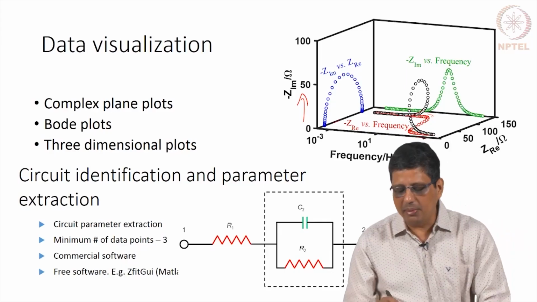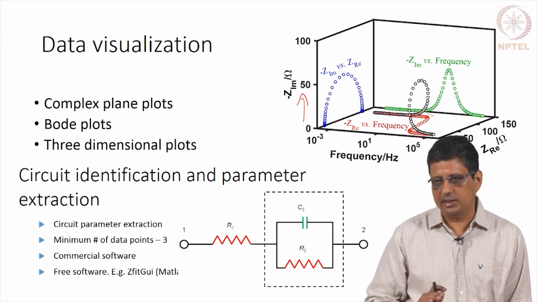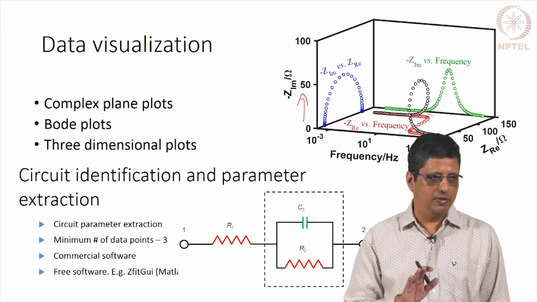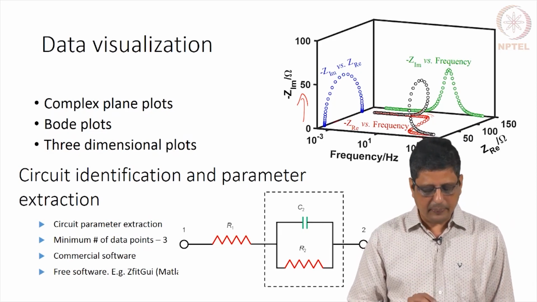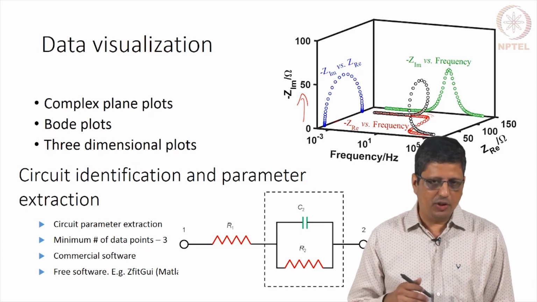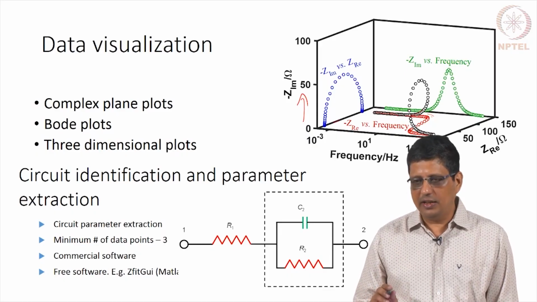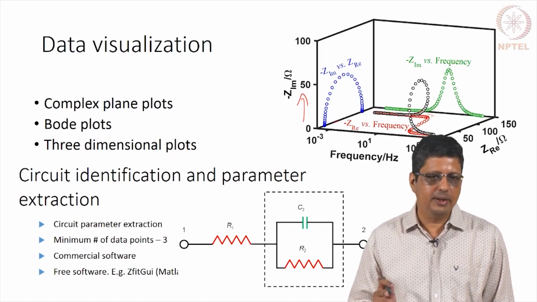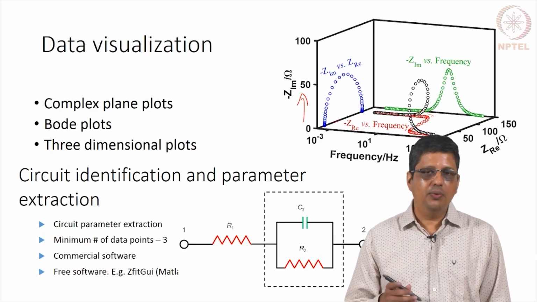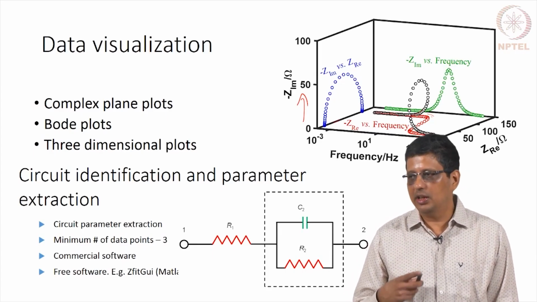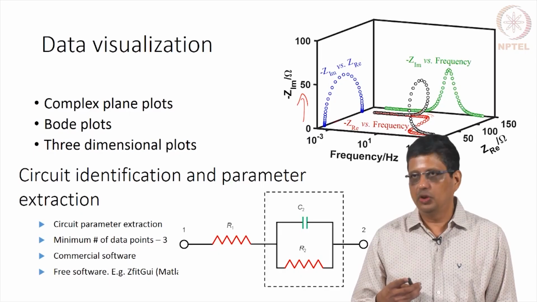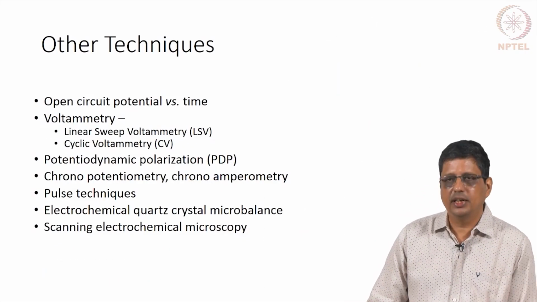Likewise, absolute minimum I need is 3 elements, I need 3 points, but typically we want to use 50-60 points at the minimum. You have commercial software, you have free software to do this part. It is not that difficult for a simple circuit. For a little more complex circuit, you will have to give correct initial values, otherwise it will not converge. Okay. The next part, which is other techniques.